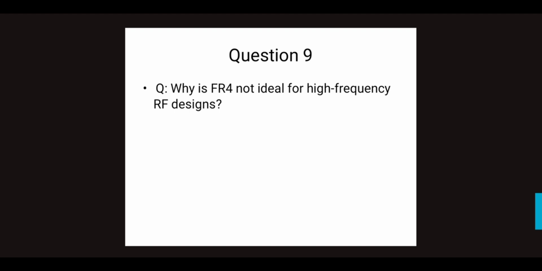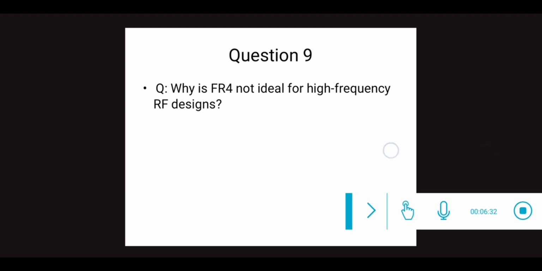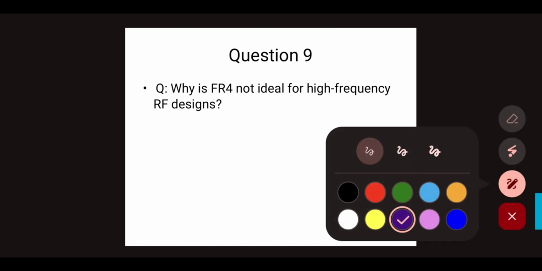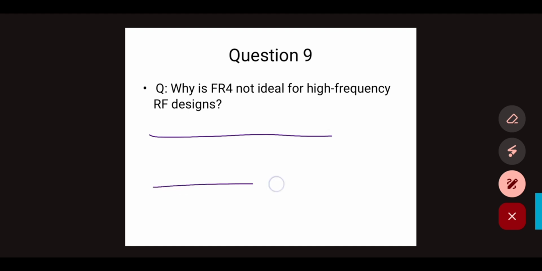Now, question 9. Why is FR4 not ideal for higher frequency RF designs? So what is FR4, you might ask. I forgot the full form of this, but basically, suppose we have a two-layer PCB again, and the dielectric that is present is called FR4.